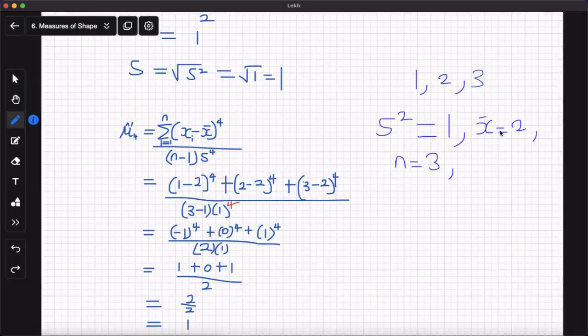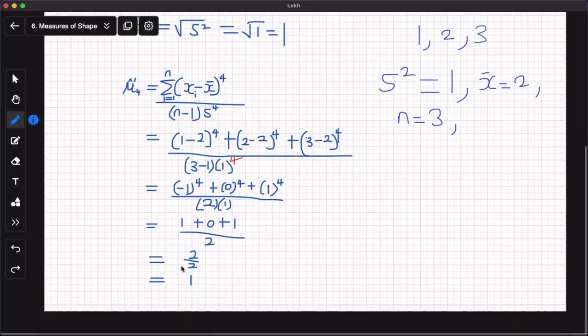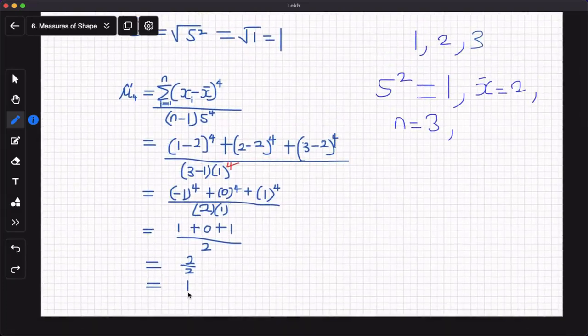Second observation, 2 minus 2. Then the third observation, 3, minus the mean, 2. Each one will be raised to the power of 4, and we're going to have what we have below. Eventually we have a coefficient of kurtosis of 1. All right.